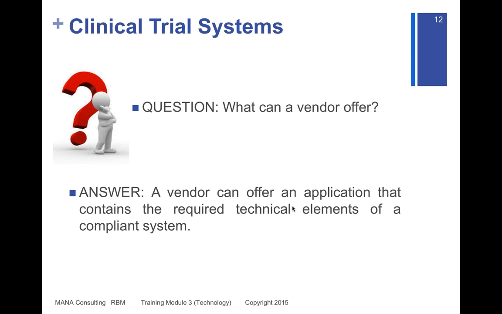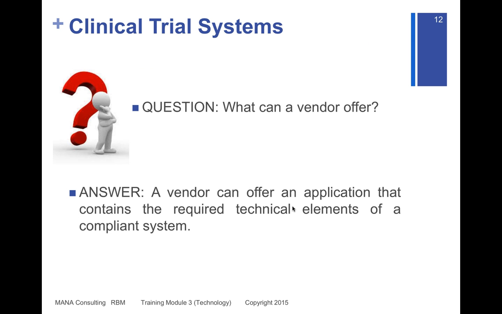So the reason is you have to have both the system requirements and the processes. So if you just throw in a system but you don't follow the requirements, and we'll go through these in a minute, but one of the key requirements is that everyone is trained on a system.